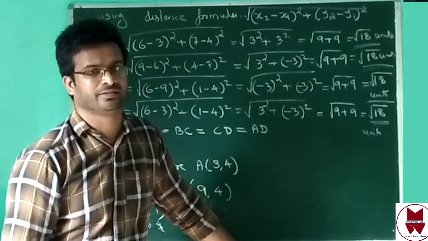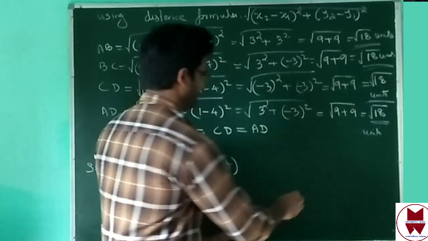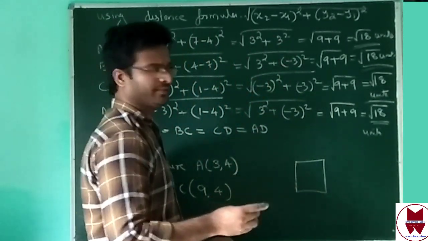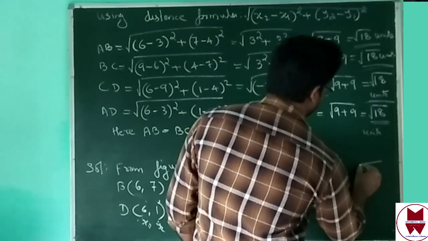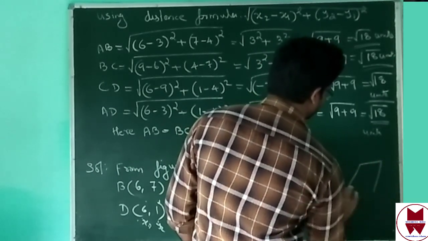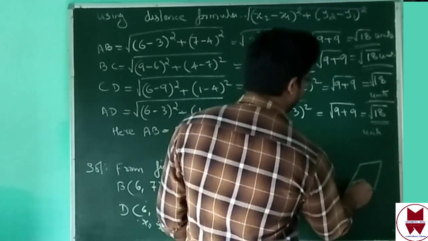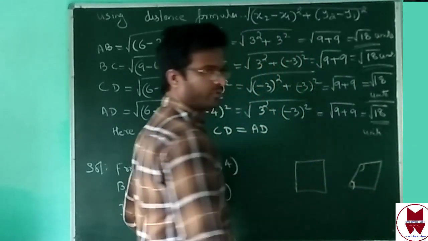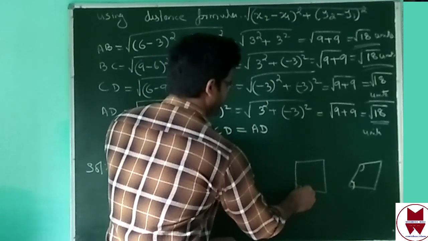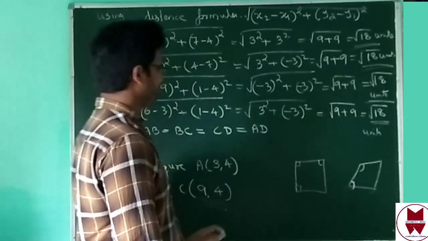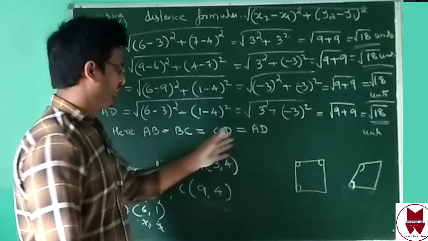Two possibilities there. One is square, isn't it? All sides are equal. Otherwise, that will be rhombus also. Rhombus means all sides are equal, but this angle is not 90 degrees. Then square means this angle is also 90.